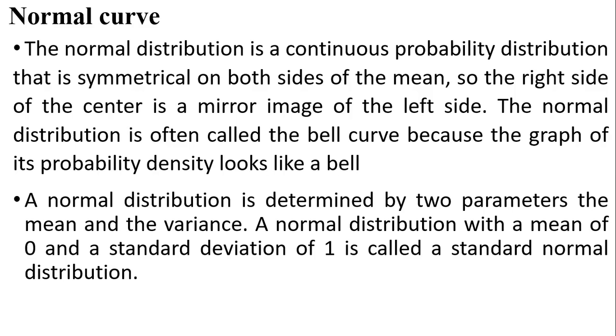A normal distribution is determined by two parameters, the mean and the variance. A normal distribution with a mean of 0 and a standard deviation of 1 is called a standard normal distribution.